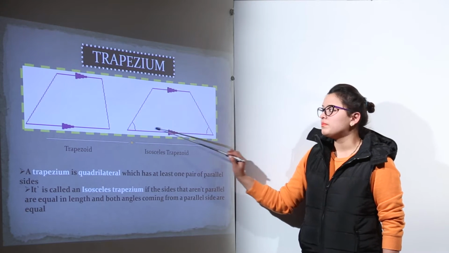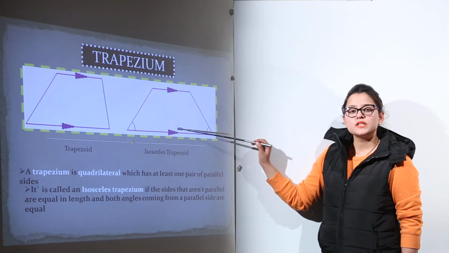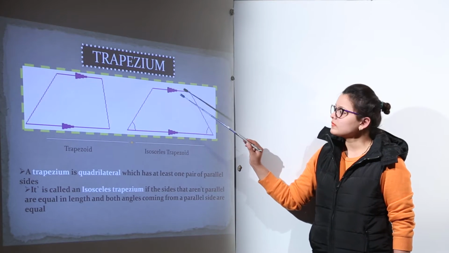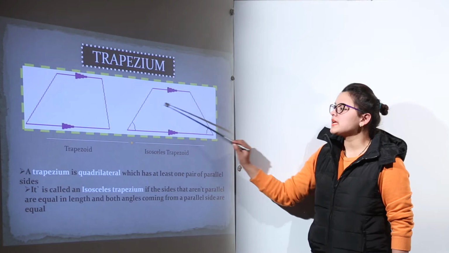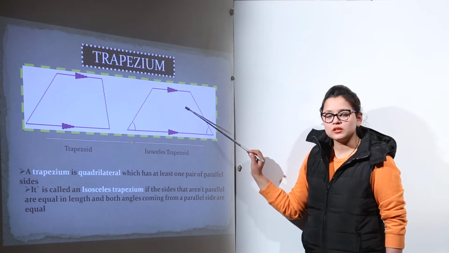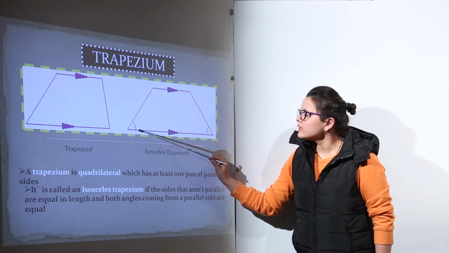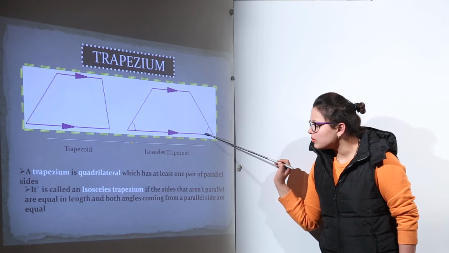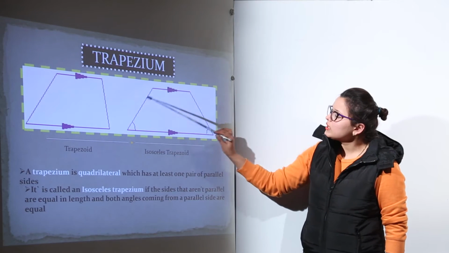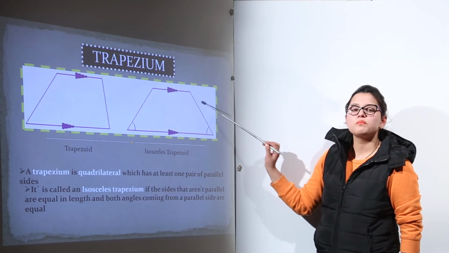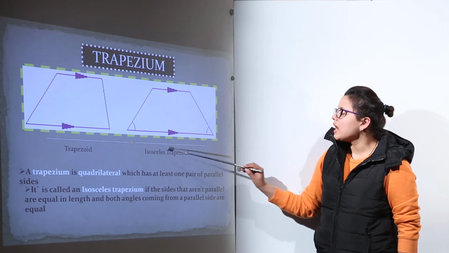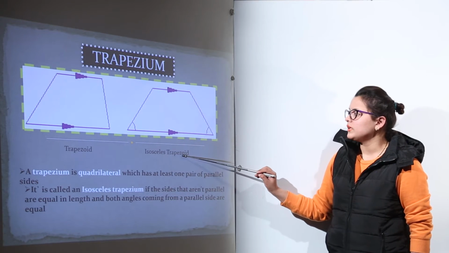So, if in a trapezium, one pair of sides are parallel, two non-parallel sides are equal to each other and the angles made by them are also equal, then such a trapezoid or such a trapezium is called an isosceles trapezoid.